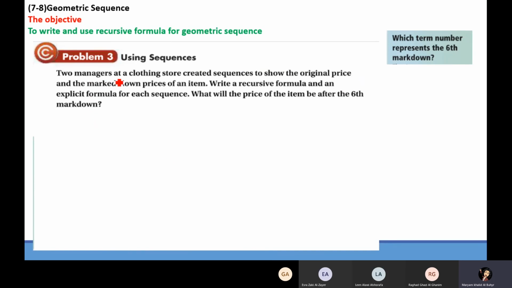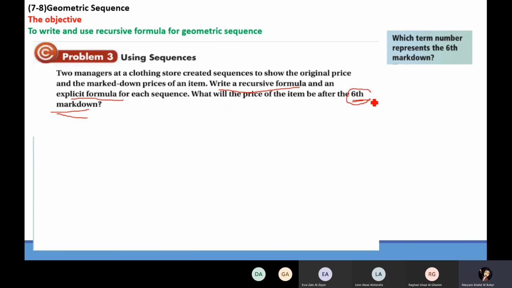Two managers at a clothing store created sequences to show the original price and the marked down price of an item. You need to write the recursive formula and explicit formula for each sequence. What will the price of the item be after the sixth markdown? Here you need to notice one thing.